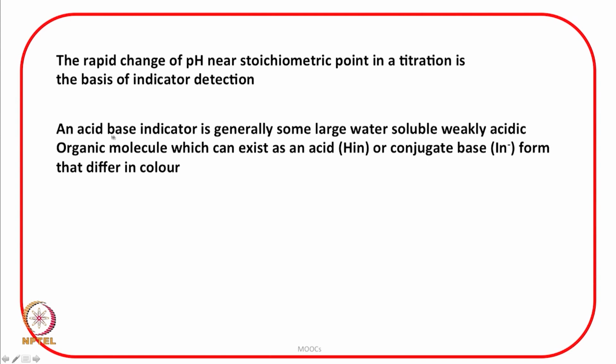An acid base indicator is generally a water soluble weakly acidic organic molecule, and that organic molecule should be able to exist in an acid form. I write as HIn, and conjugate base where proton is donated, and I write as In minus form, and both these occur in different colors.